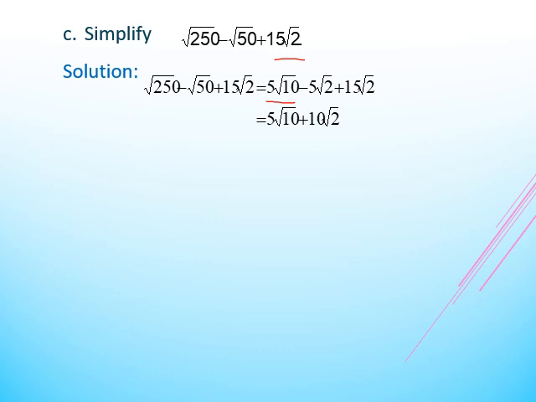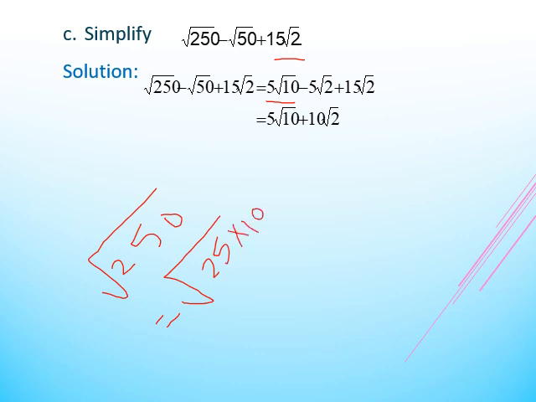This is by saying that root 250 equal to root of 25 times 10. And if we partition the root, this will be 5 times root 10, because the square root of 25 is equal to 5, and this is root 10. This is for the first term. Then let's move to the second term.